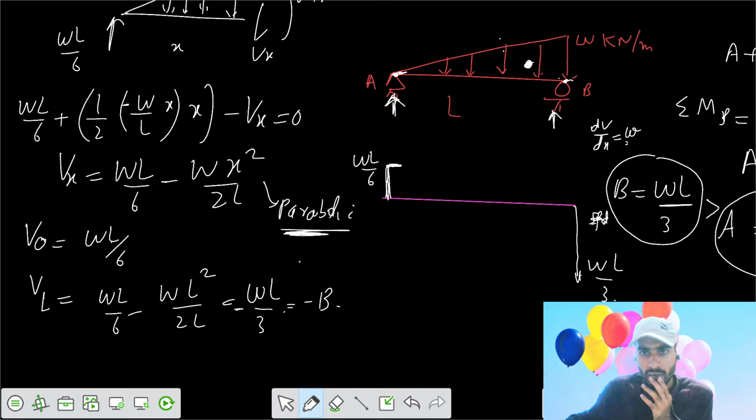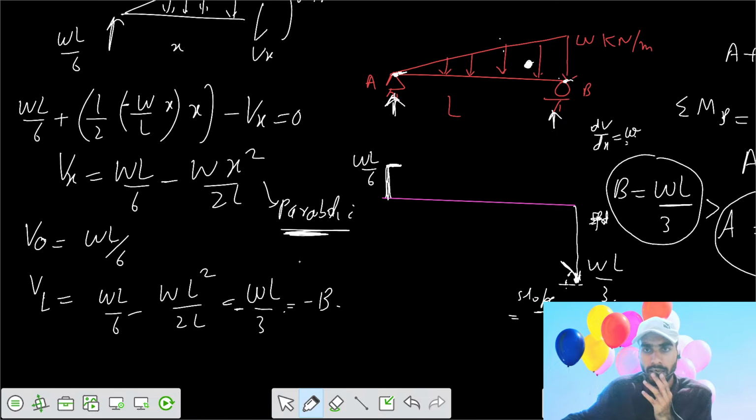Then what is the slope here at support B? We know that the intensity here is W. That means there is some slope of W. We can write the slope as negative, minus W, because the load is downwards.